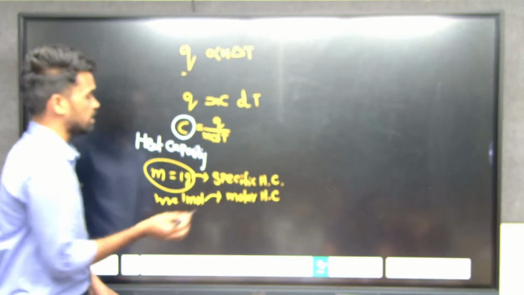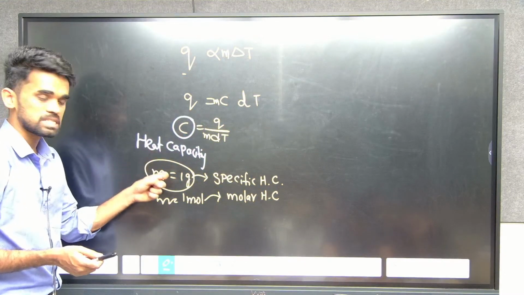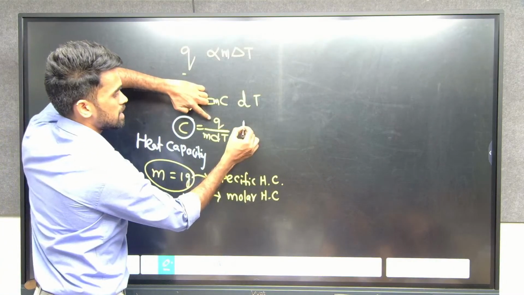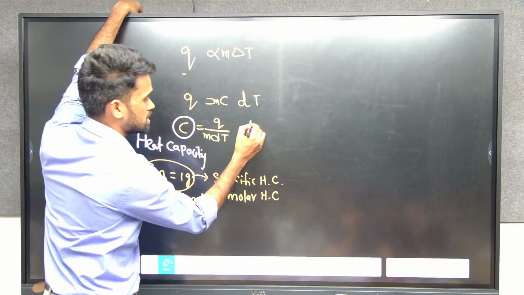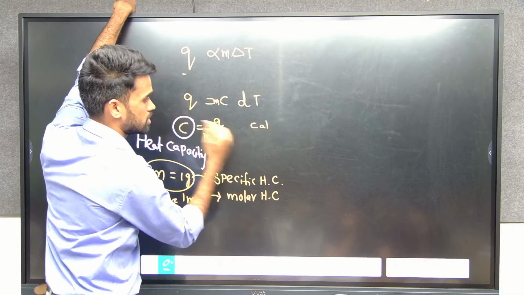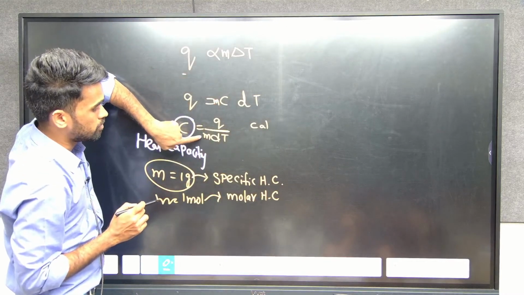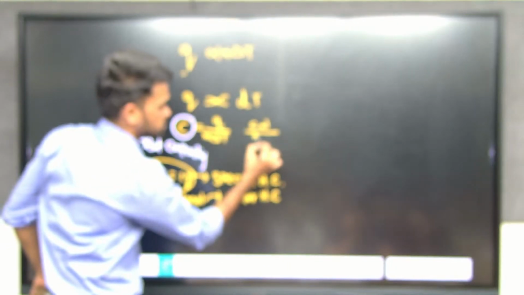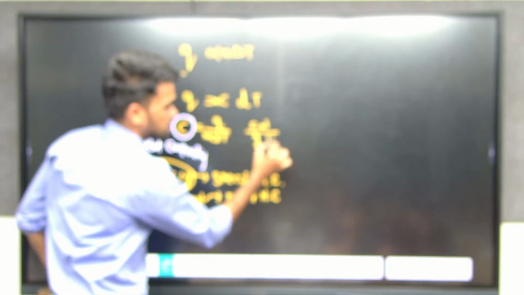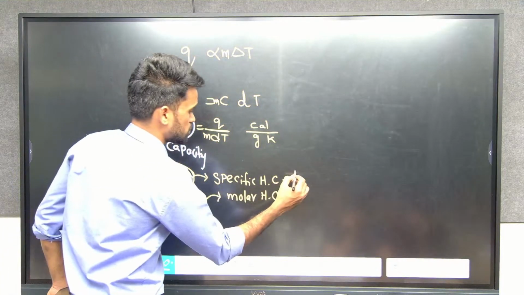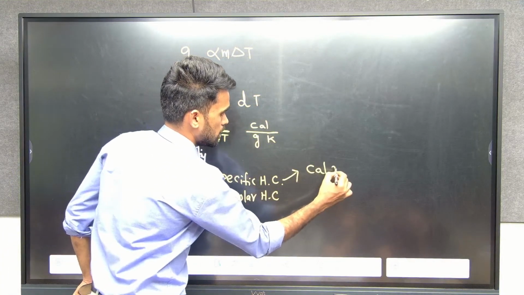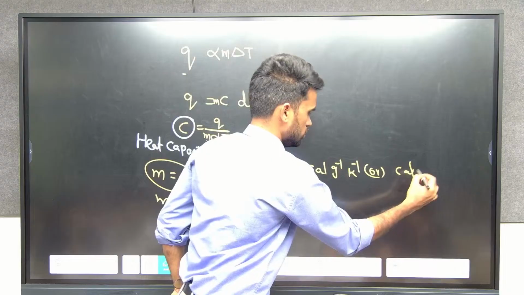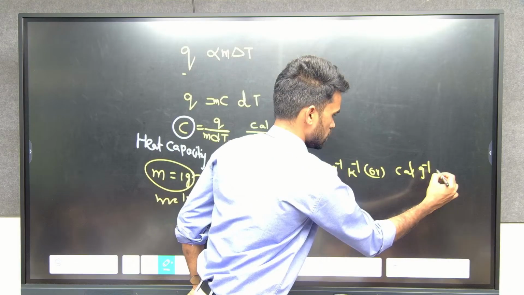Now they will ask you what are the units for heat capacity, specific heat capacity, molar heat capacity. See, heat means you can say in joules, or let us say in calories. Here m is mass, so it will be in grams. Change in temperature means Kelvin or degree Celsius. So for the specific heat capacity, calorie per gram per Kelvin or calorie per gram per degree Celsius.